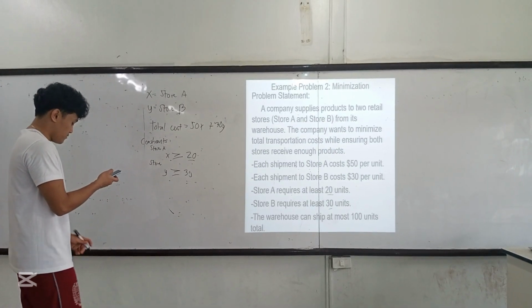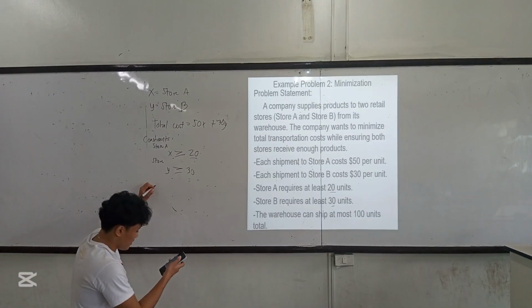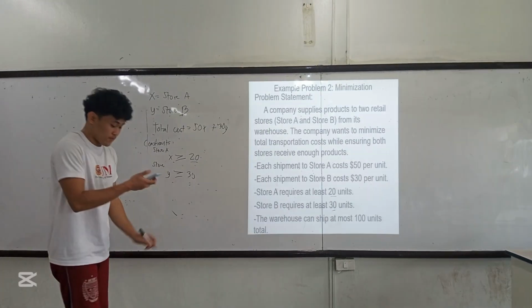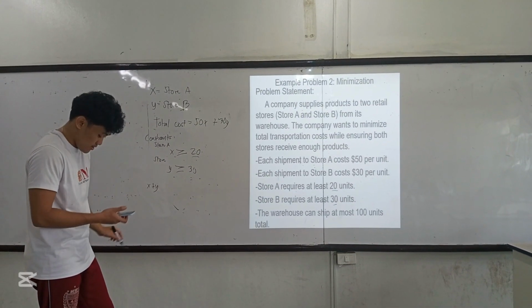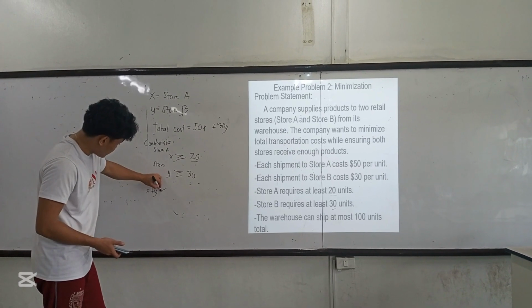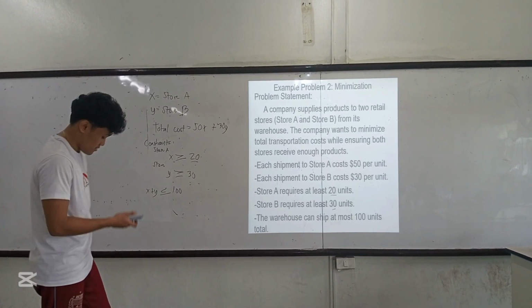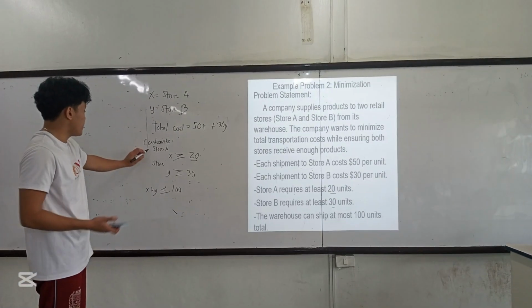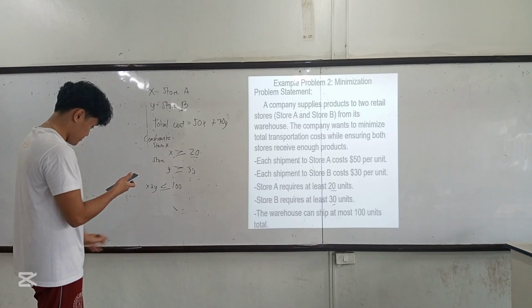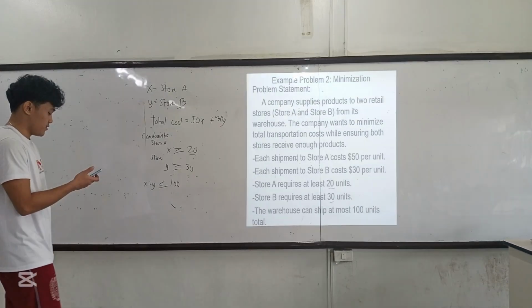Then total shipment cannot exceed the warehouse capacity, so x plus y is less than or equal to 100. Next, we must convert these inequalities into equations for graphing.